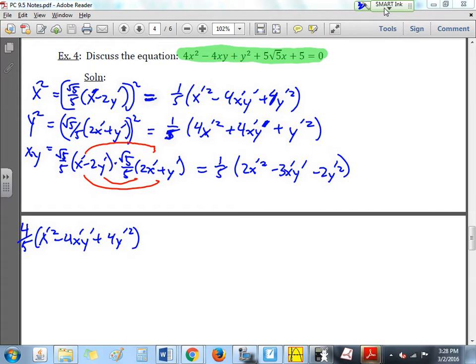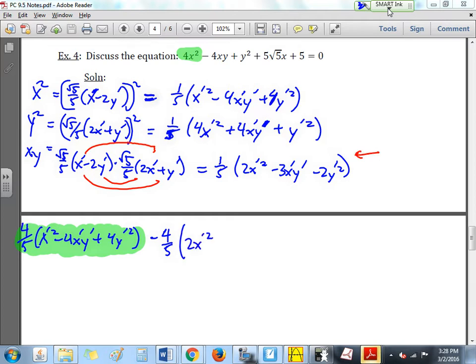So I'll do a highlight as I go. That's the first part of our modified equation. Okay, and then it says minus 4xy, so it's going to be minus 4 times the xy. Xy is right here. So it's going to be minus 4/5 2x prime squared minus 3x prime y prime minus 2y prime squared.